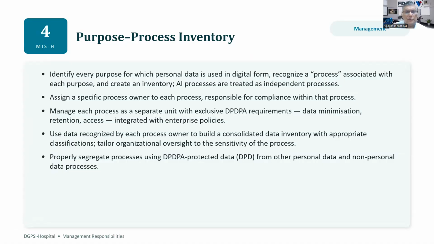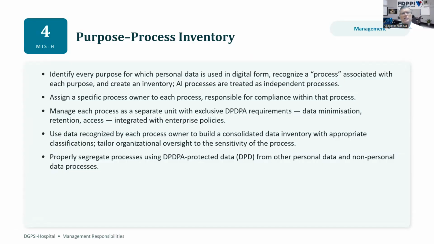Now manage each process as a separate unit with exclusive DPDPA requirements, data minimization, retention, access, etc., integrated with the enterprise policies, but basically synced with the purpose for which a particular process processes the information.